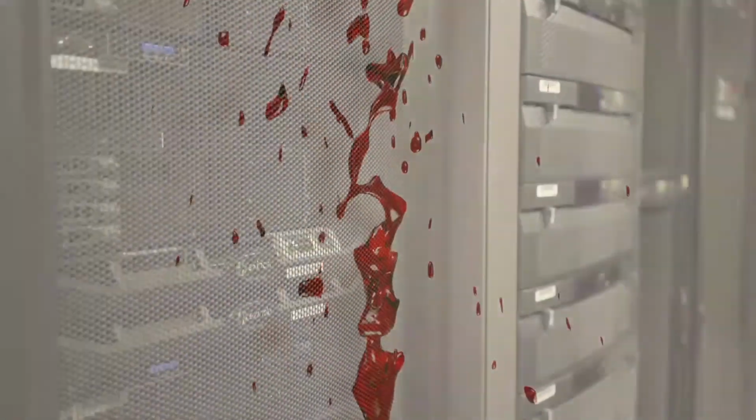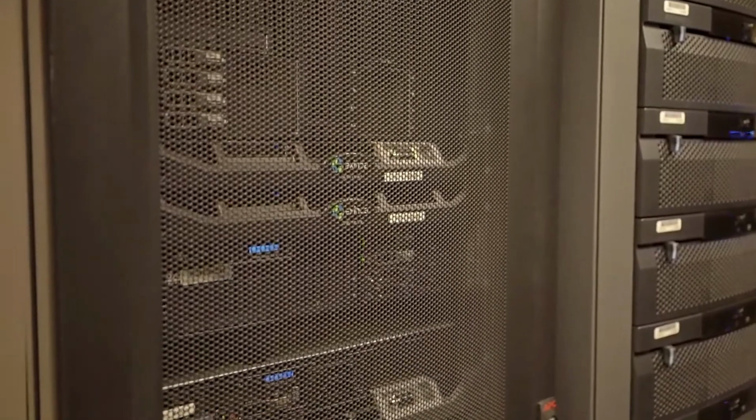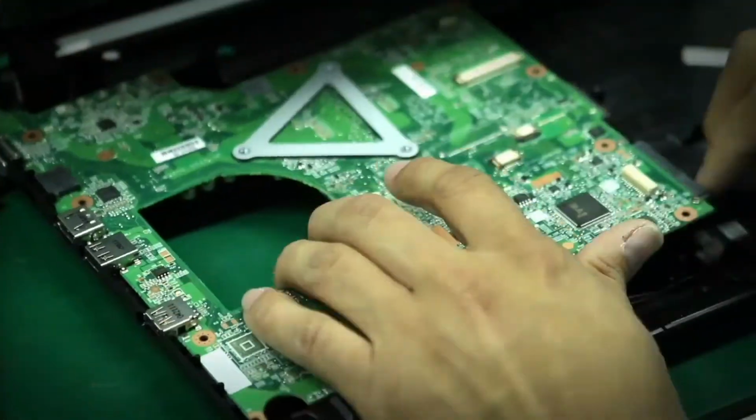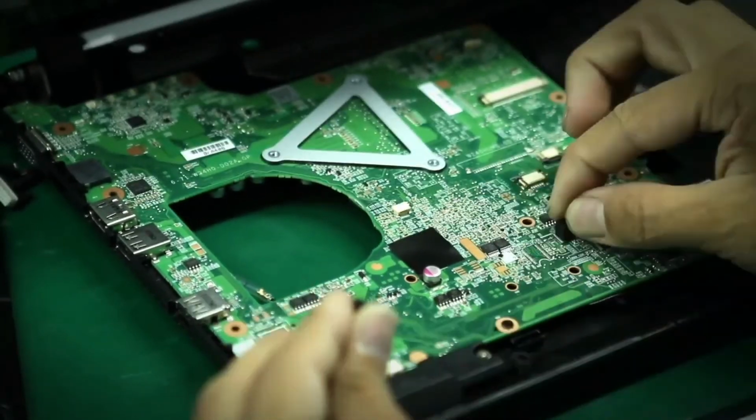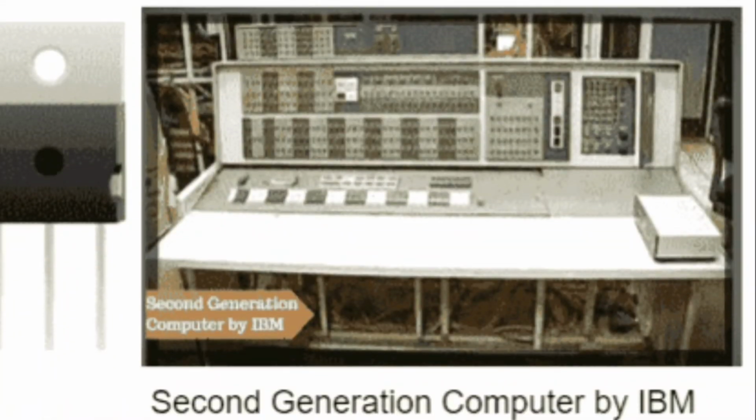It is in the second generation that the concepts of central processing unit, CPU, memory, programming language and input and output units were developed. Second generation computers moved from cryptic binary machine language to symbolic, or assembly, languages, which allowed programmers to specify instructions in words.